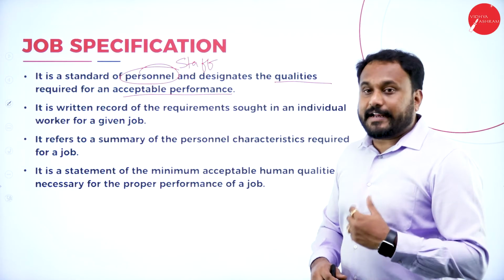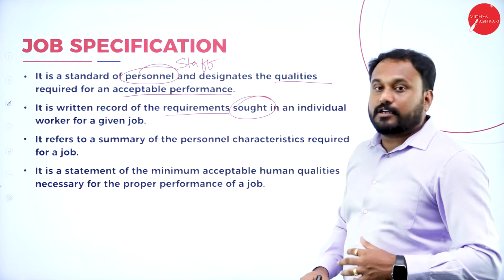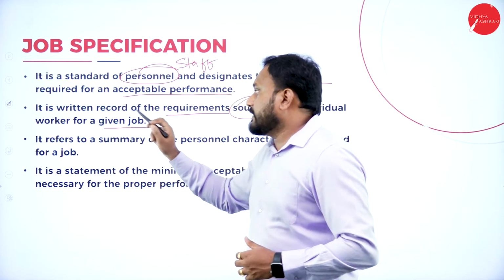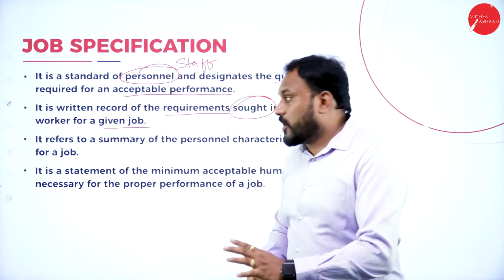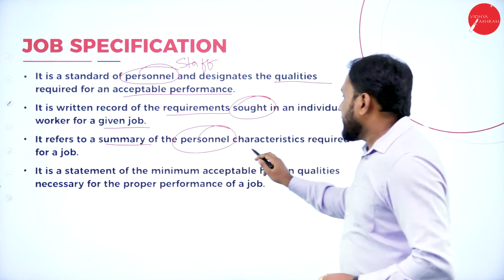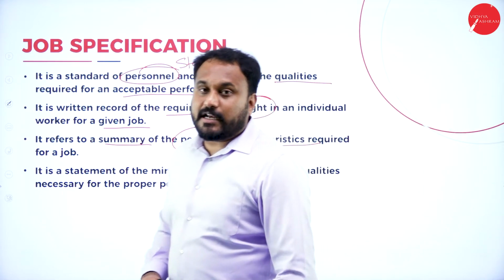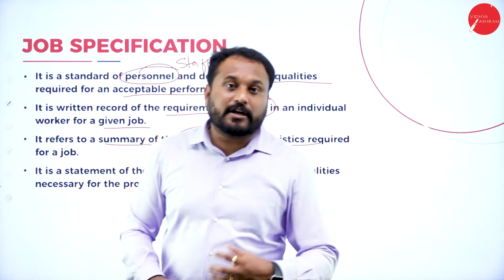It is a written record of the requirements sought in an individual worker for a given job. So everything is written and recorded. It refers to a summary of personnel characteristics required for a job, whether he can be independently doing it or a team builder or a team leader.